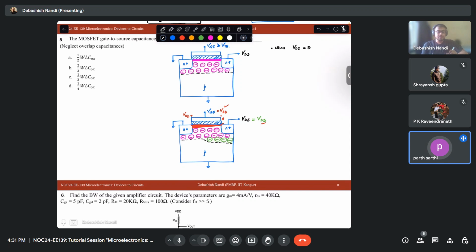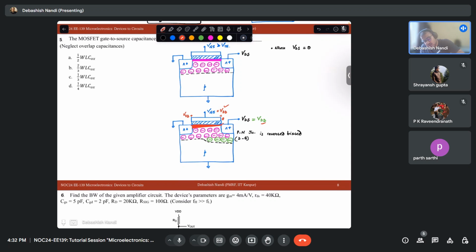Because the drain-body PN junction is reverse biased, okay? Yes, sir. So as a result, the depletion width increases. These two phenomena you will observe. Fine. Yes, sir.